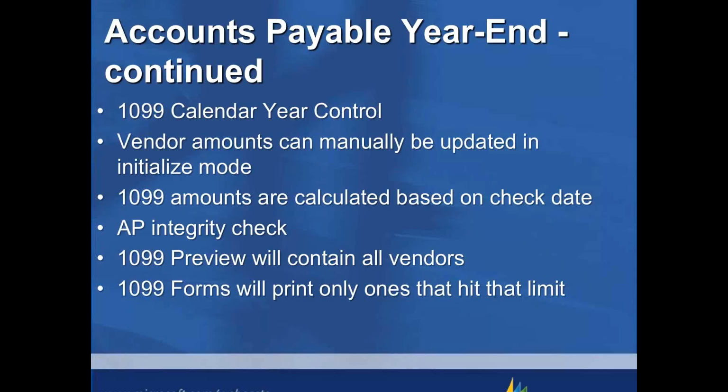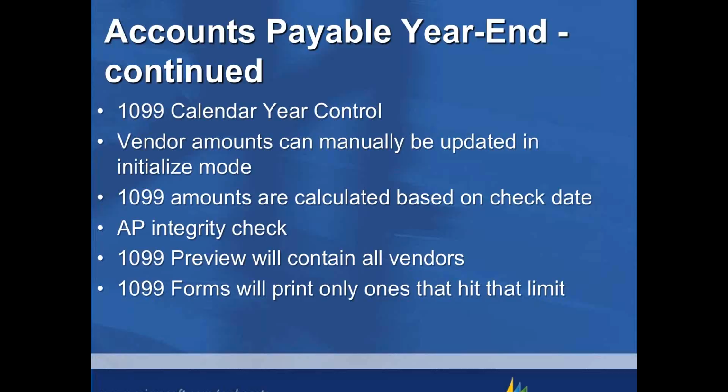So if you find in your reconciliation that there's any problems with the amounts, they can be manually updated in initialize mode. Most of security is set up for users without access to the initialize mode.